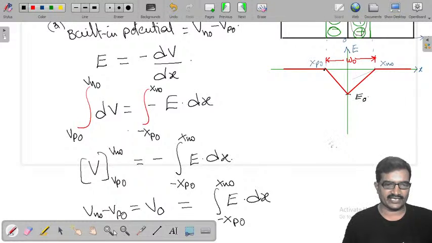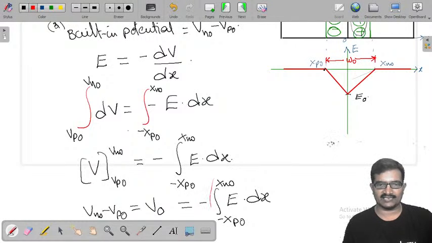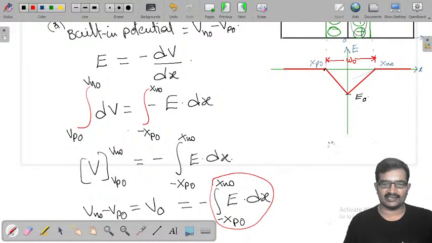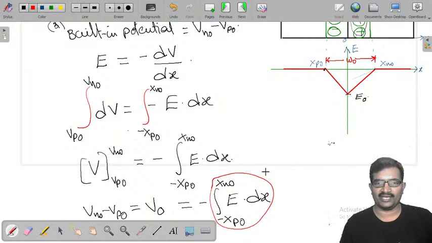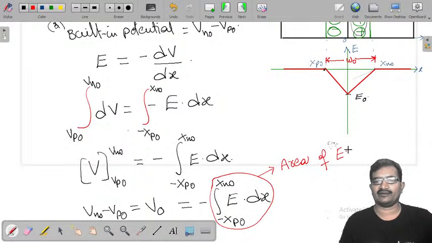And you observe one thing: this is nothing but the area of the electric field plot from minus xp0 to xn0.